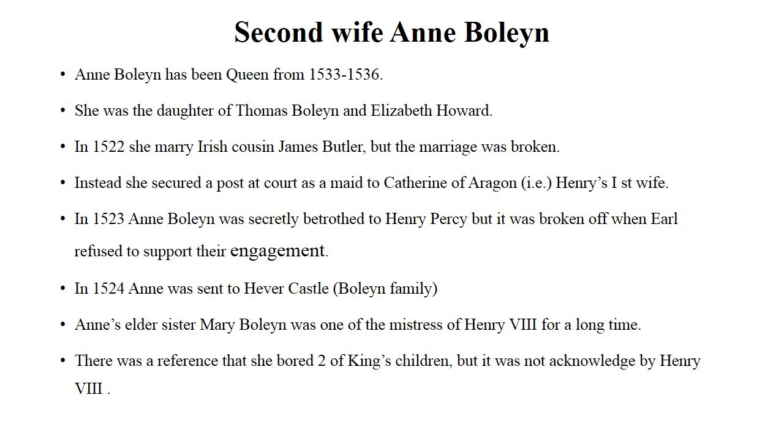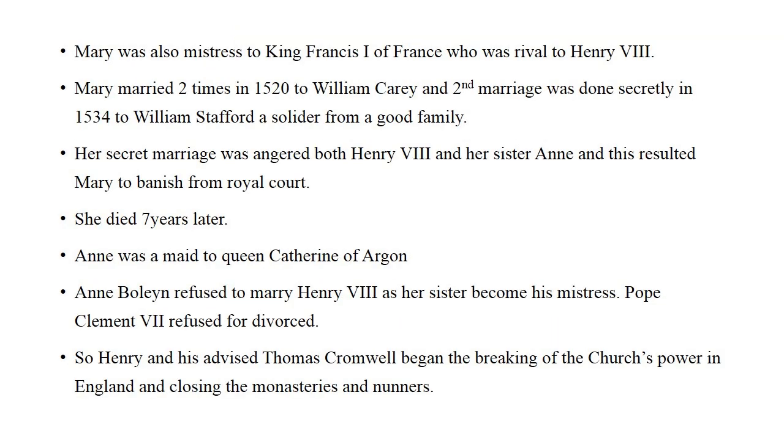So later, Mary was also mistress to King Francis I, who was a rival to Henry VIII. Mary Boleyn married two times: in 1520 to William Carey, and the second marriage was done secretly in 1534 to William Stafford, a soldier from a very good family.